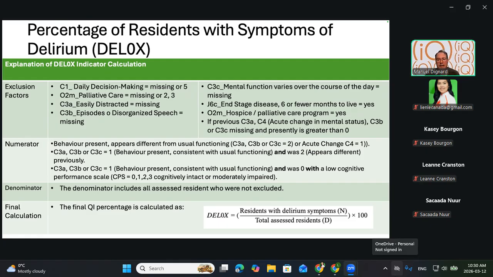So if we look at the calculation, we can see here we have quite a few exclusions, right? If your daily decision making is missing or you're comatose, there's no movement.